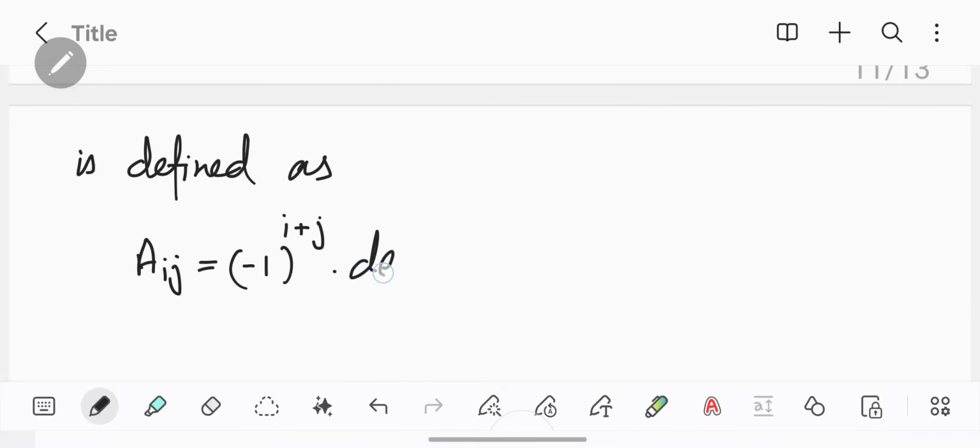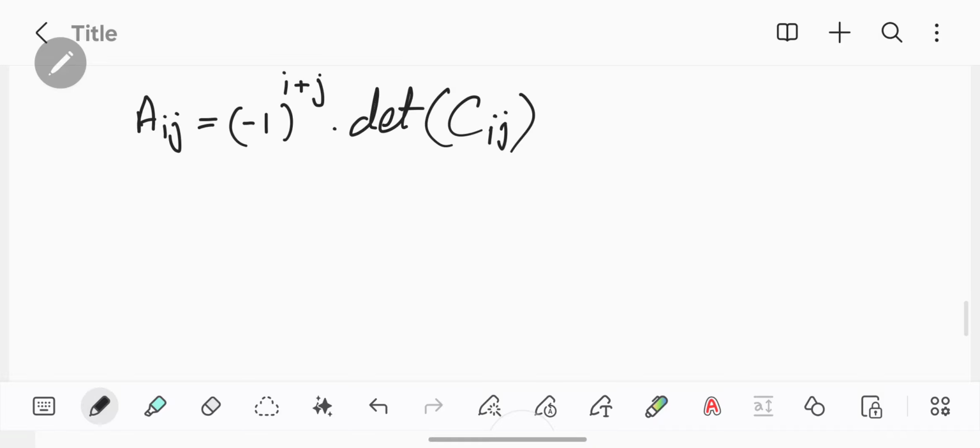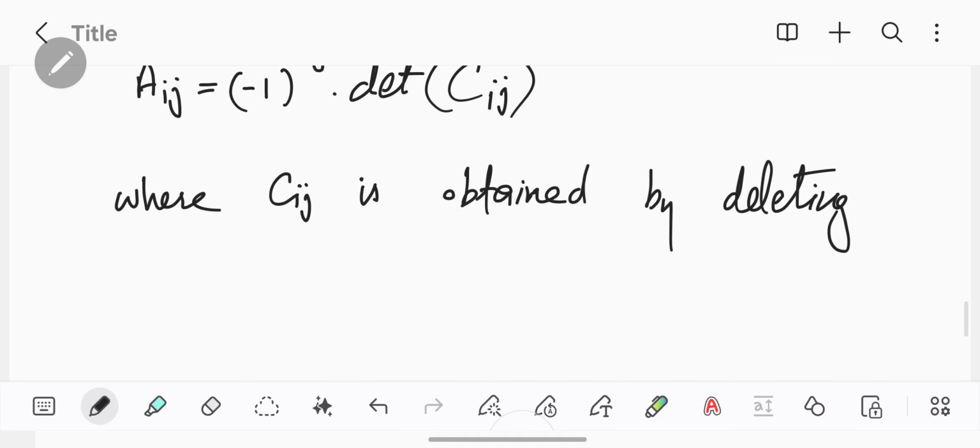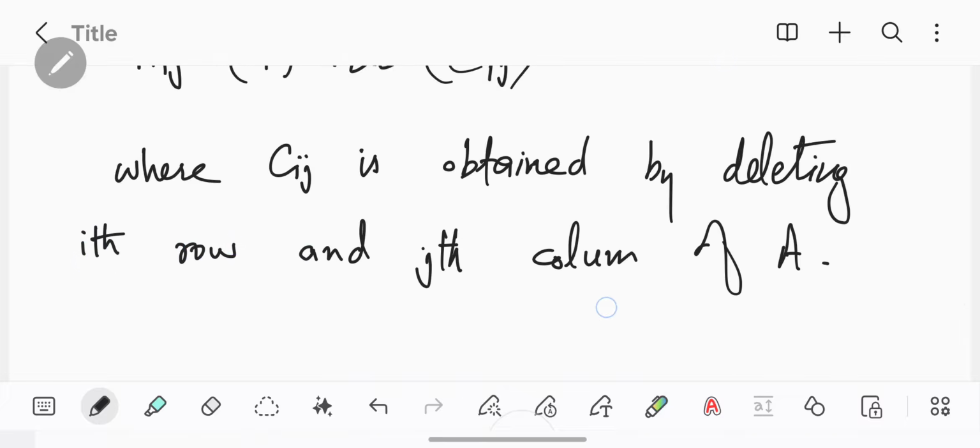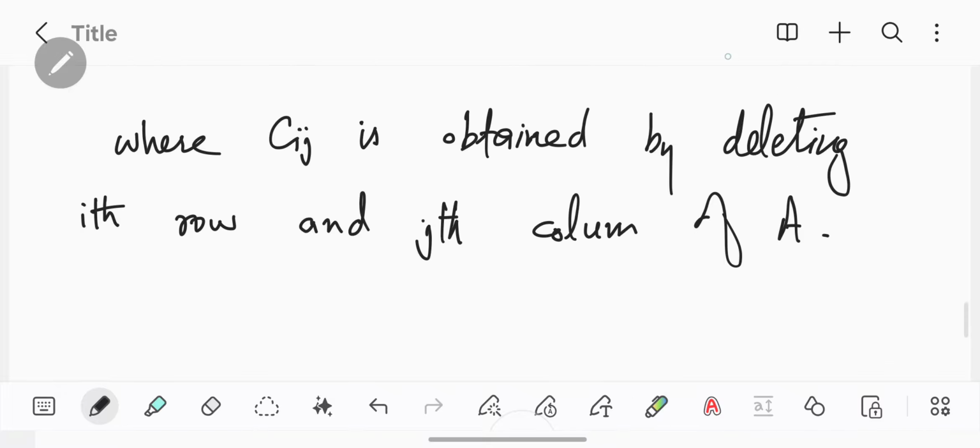I will write the determinant of a matrix Cij, where Cij is a matrix obtained by deleting the ith row and jth column of A.